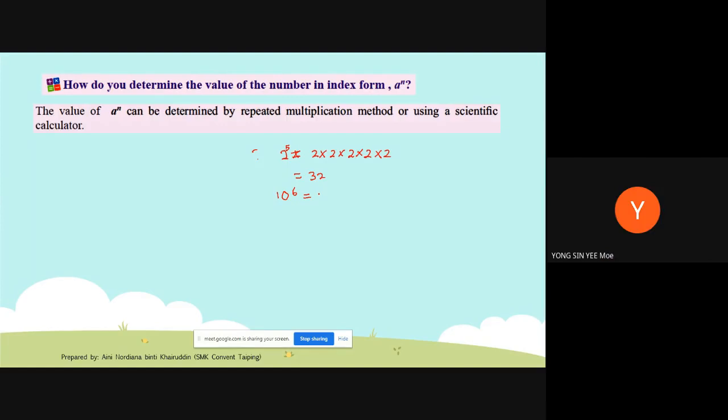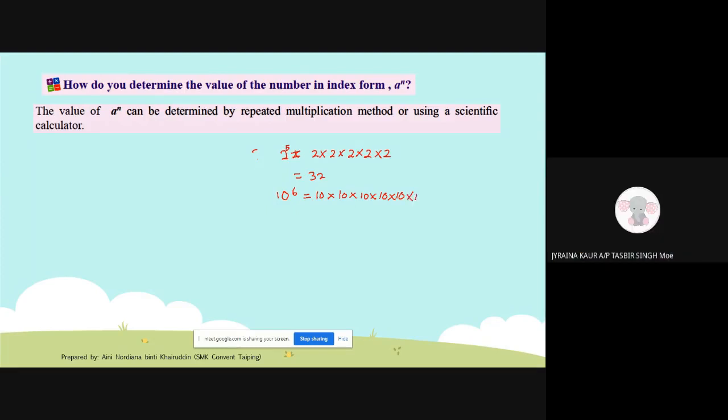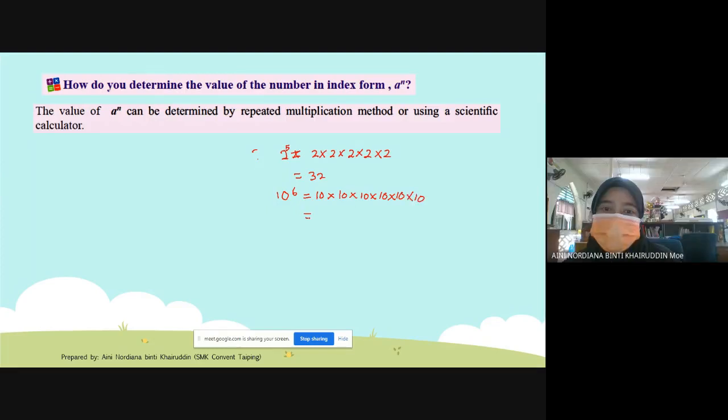Times 10 six times: 10 times 10 times 10. Can you calculate the answer, the value? 1 million, teacher. 1 million.